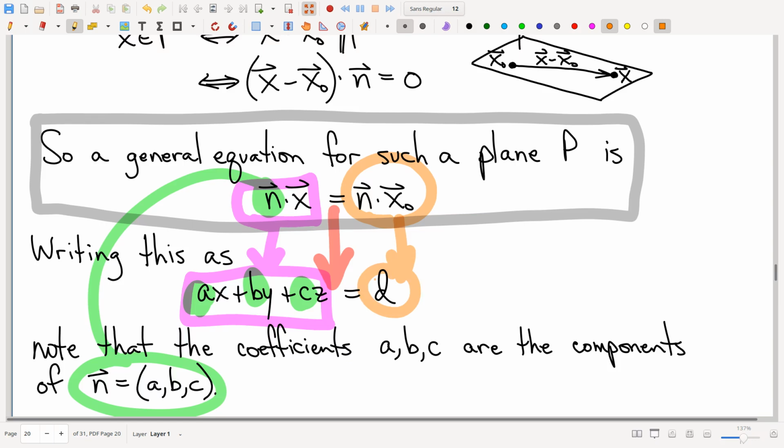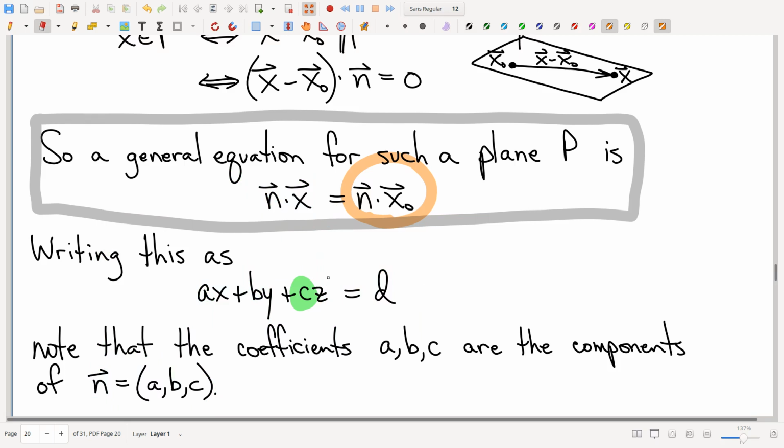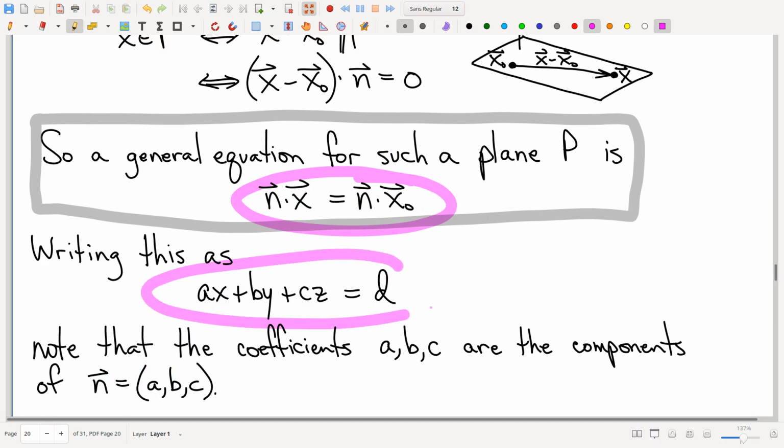So, again, it's tempting, and it actually does have some nice features, to rewrite this vector equation for the plane into this coordinate equation for the plane. In different circumstances, one or the other of these will be more convenient. I will point out one thing, just as a reminder.